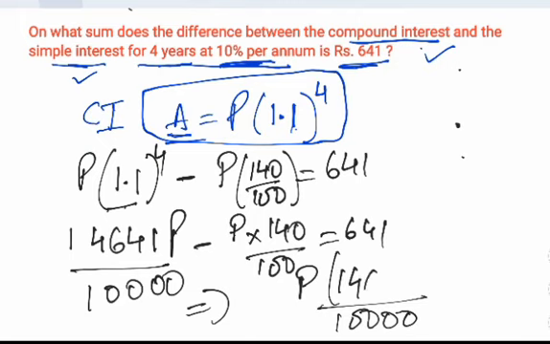This is 14,641 minus, we'll make the denominator as 10,000 over here also. So the numerator will become 14,000. So this is equal to 641.